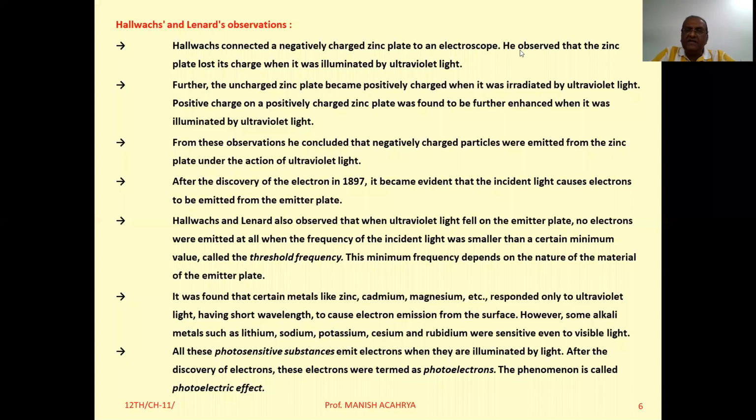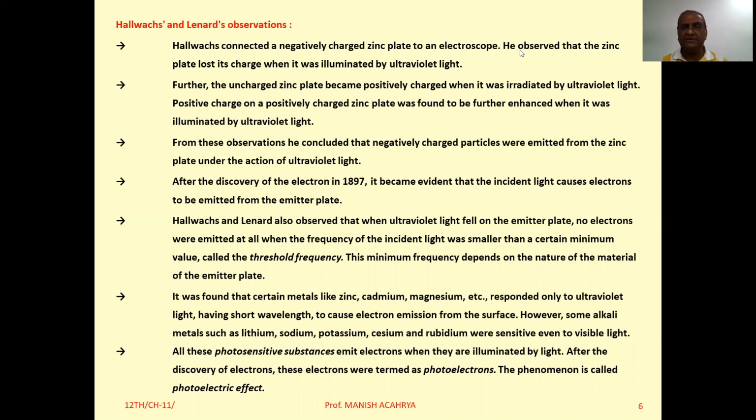Then they repeated these experiments for different metals, and they observed that when light is incident on the metallic surface, in all cases electrons are emitted.